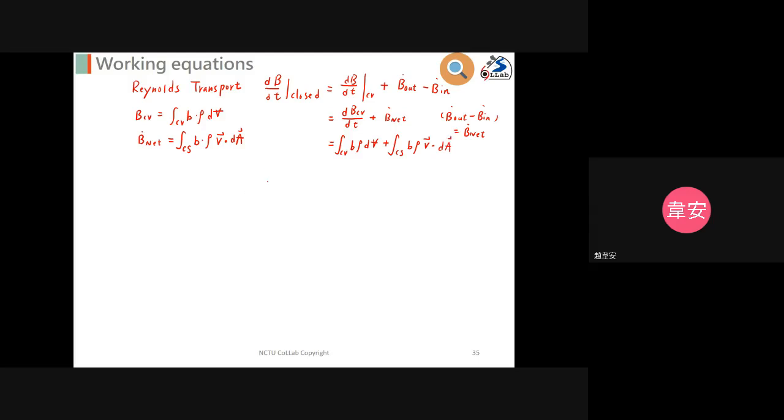And then we know that b is B divided by the mass.